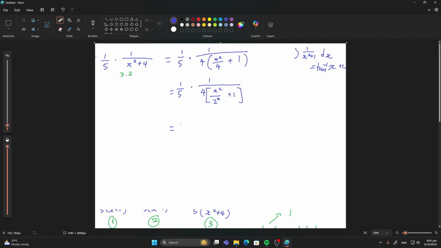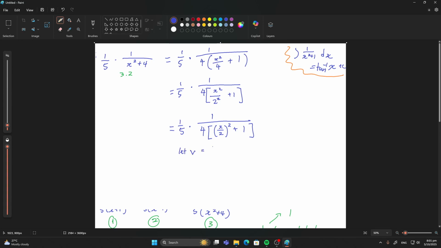Okay, I'm starting to see a pattern. When I take x over 2, I bring out the square. Doesn't this look like whatever we have over here? Very nice.